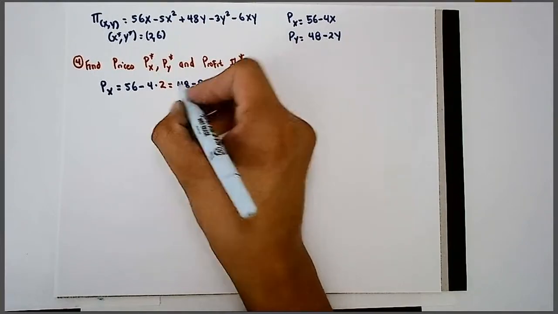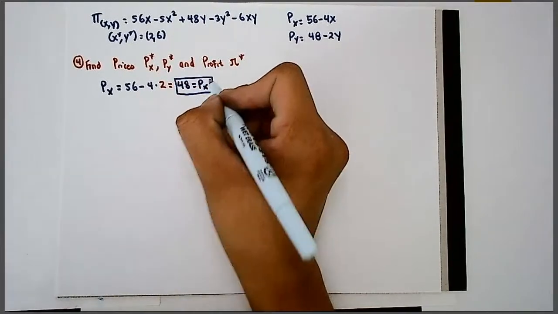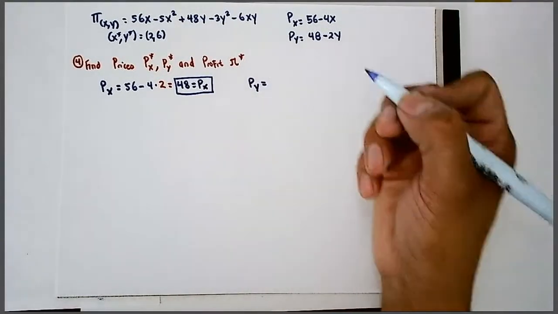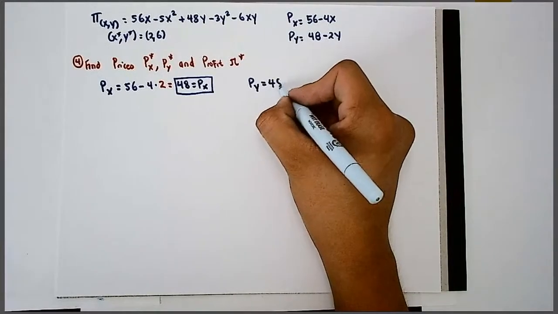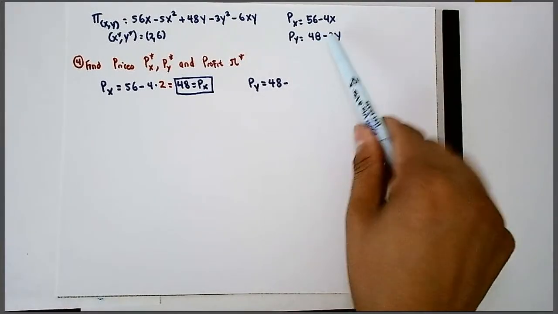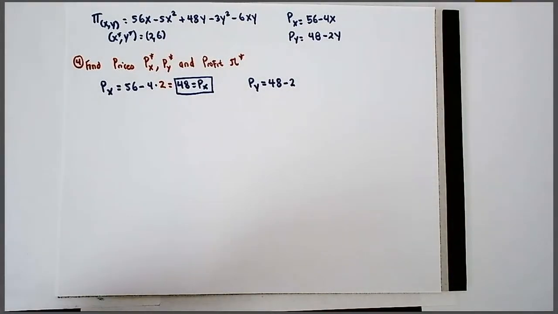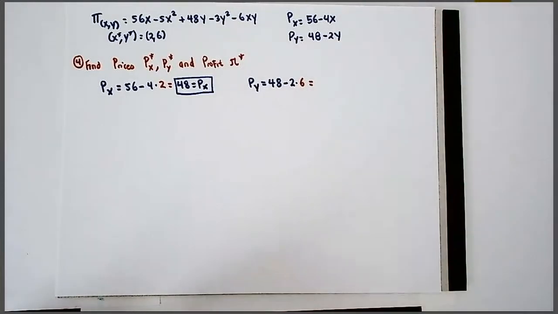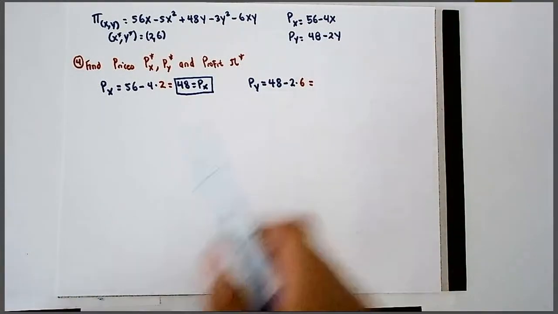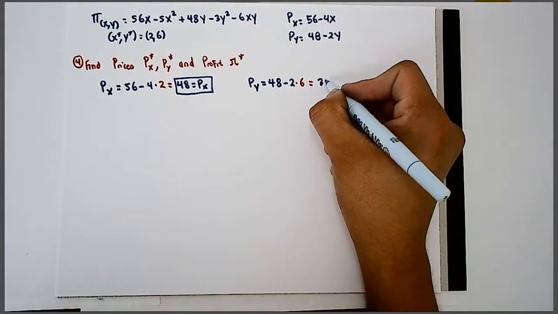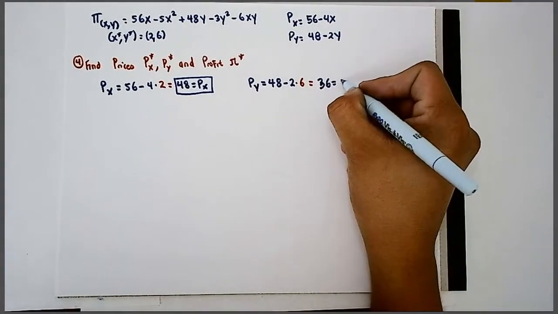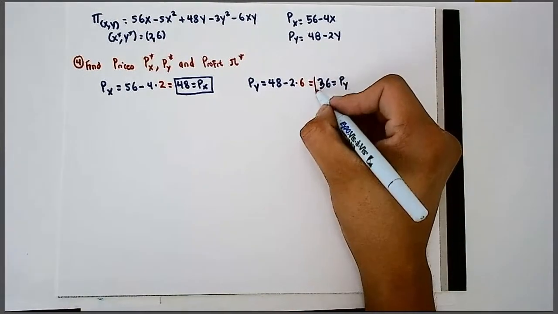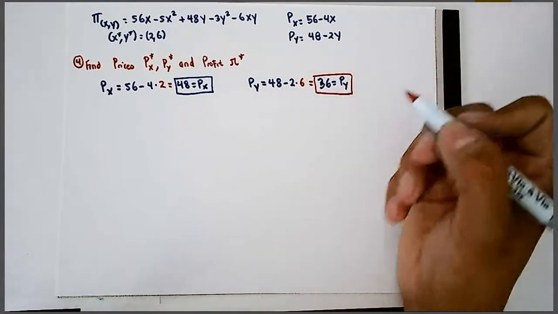So this is the price for cotton. Then for the case of corn, this is 48 minus 2y, and the optimal y was equal to 6. So this is 48 minus 12, which is 36. So this is the price of corn in dozen bushels.